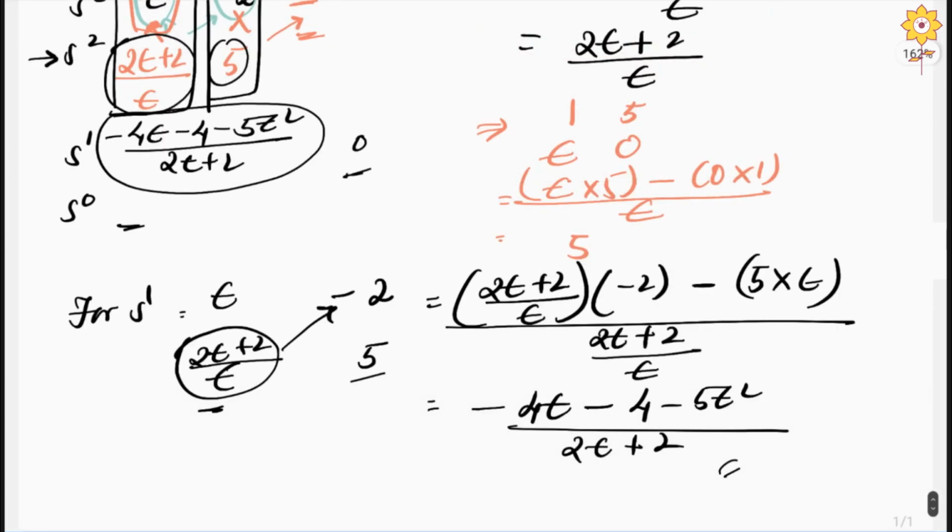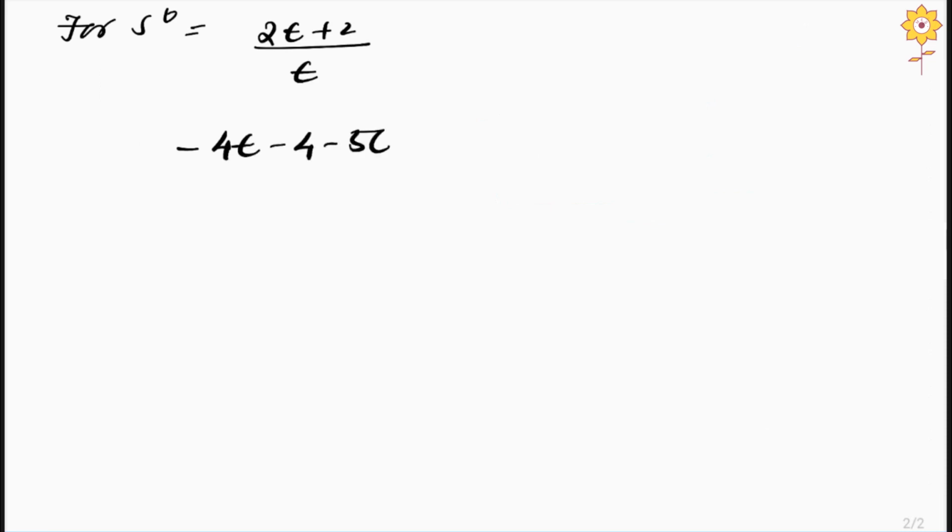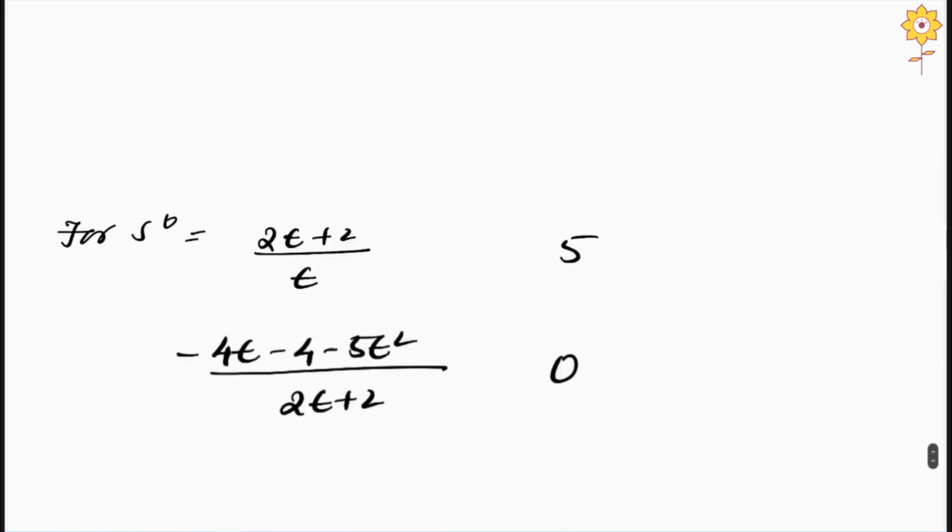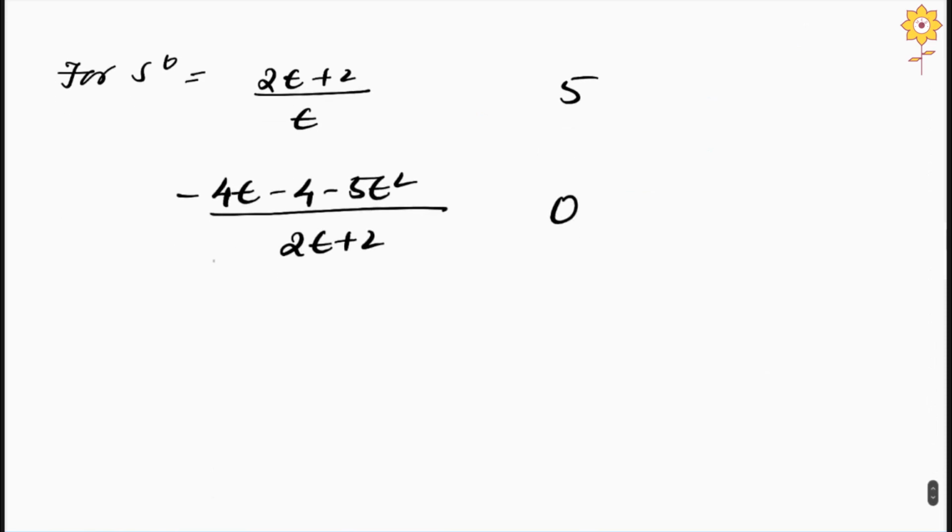For S^0, we have 2 epsilon plus 2 upon epsilon, this term, 5 and 0. You have to start cross multiplying from this number. So, what will you get?